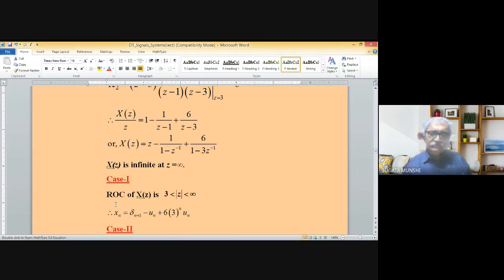Case 1: magnitude of z will be greater than 3 and less than infinity. That is important. Less than infinity. That's why, what will be the inverse z transform?